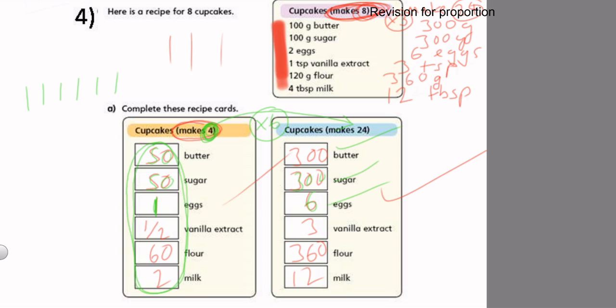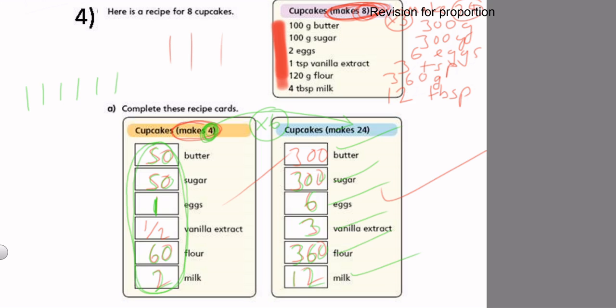Half times 6, 6 lots of halves make 3. 60 times 6, 360. And the last one there, the milk, 2 times 6 gives you the 12.